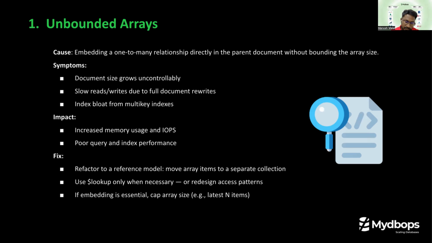Basically, for people who have unbound arrays and performance issues, two kinds of problems come into the picture. One, when they are reading and comparing between two multikey arrays, the index efficiency will totally fail.